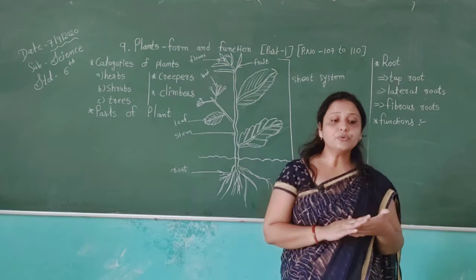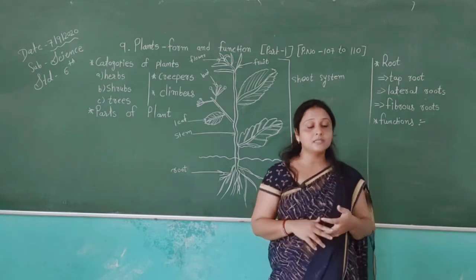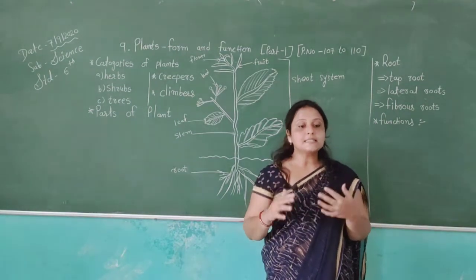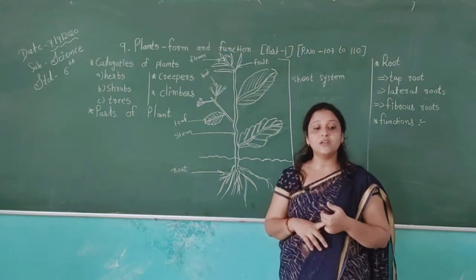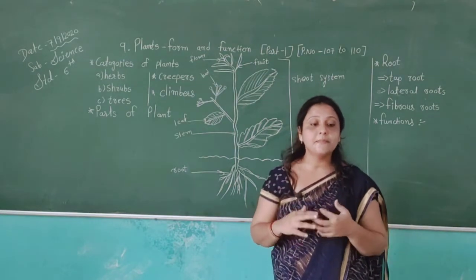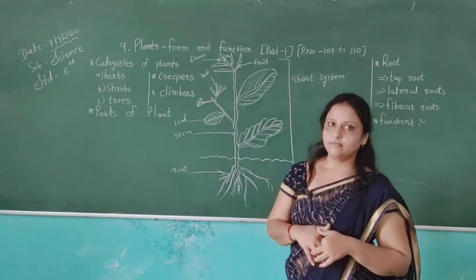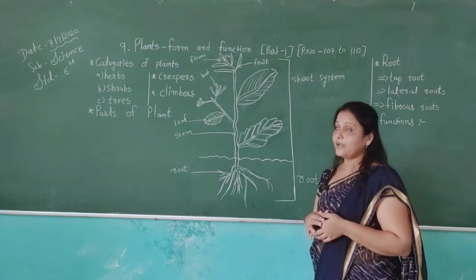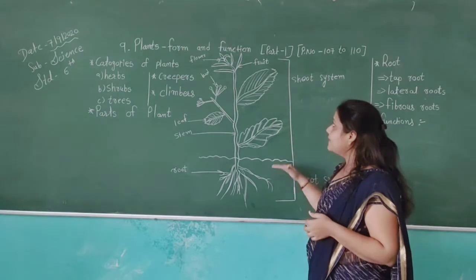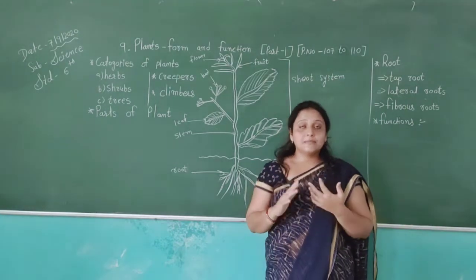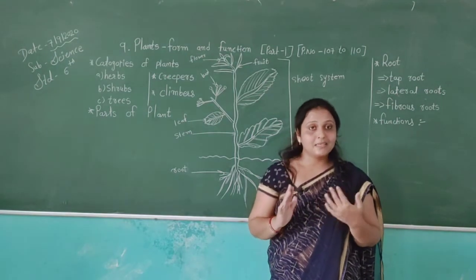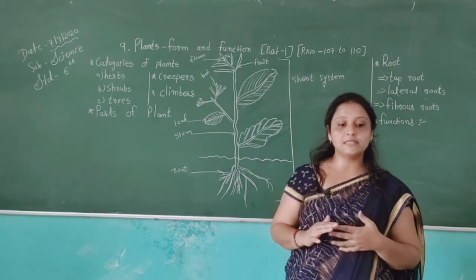If you look at the root system of plants like mustard, pea, tulsi, sunflower, grass, wheat, maize, banana and sugarcane, you will find that these plants are divided into two parts, shoot system and root system.